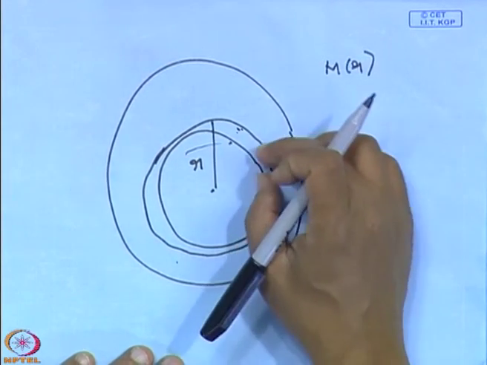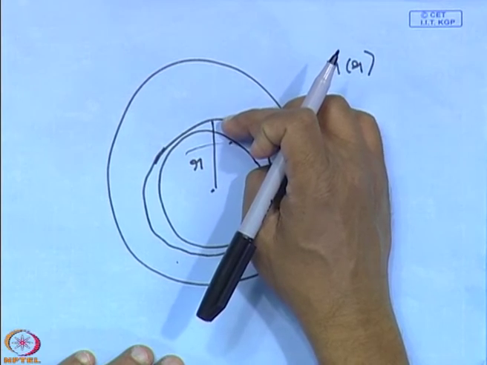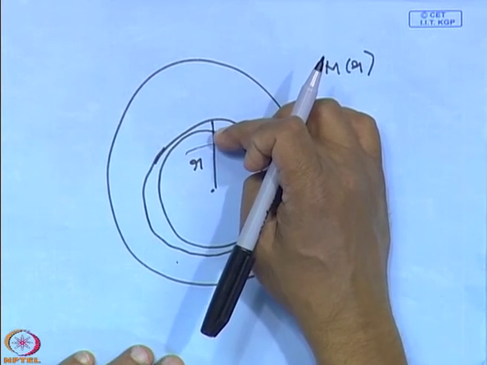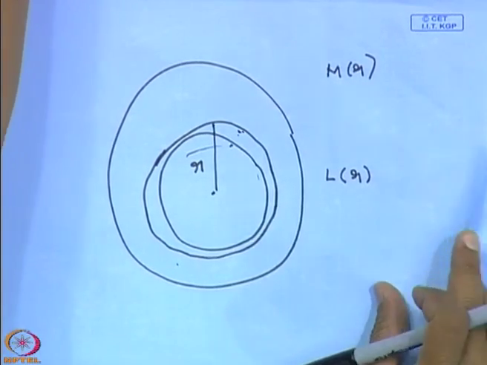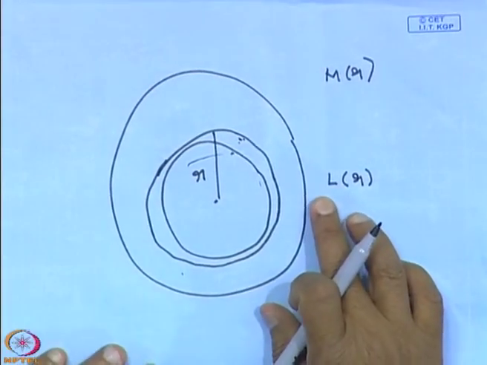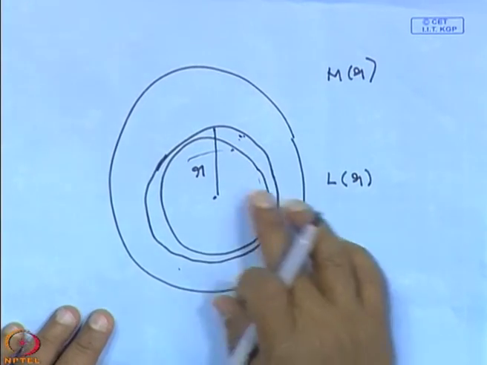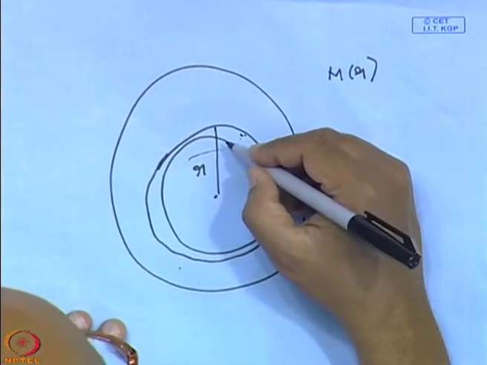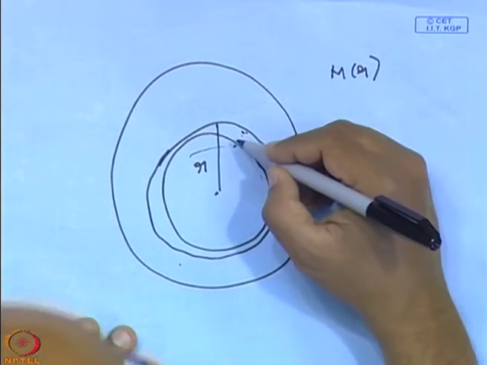So, the difference in luminosity is the total radiation that is coming out from this surface.